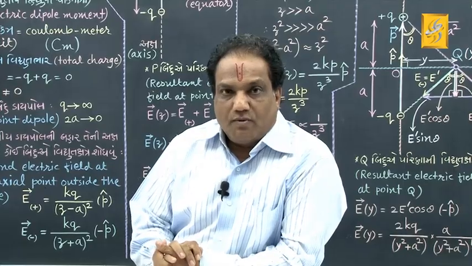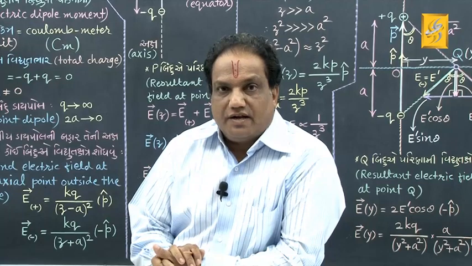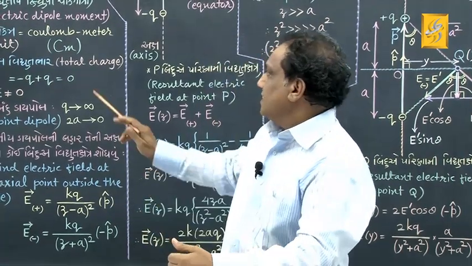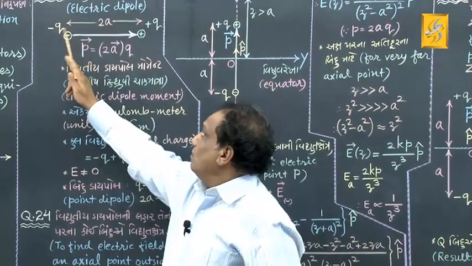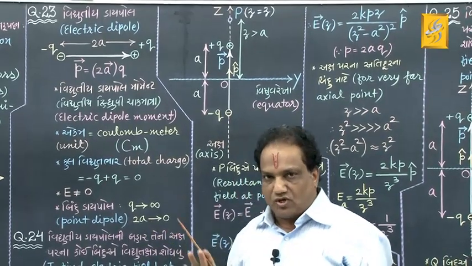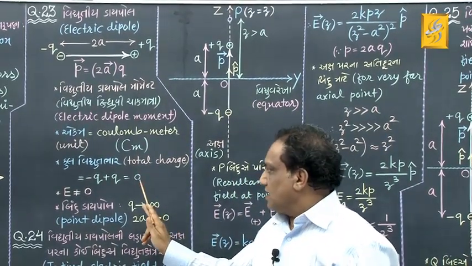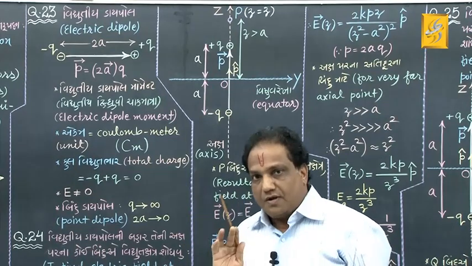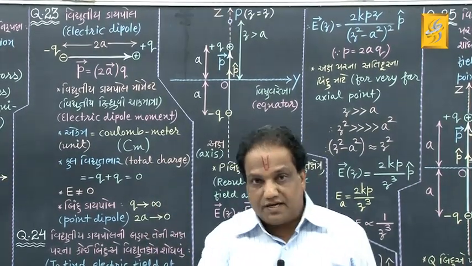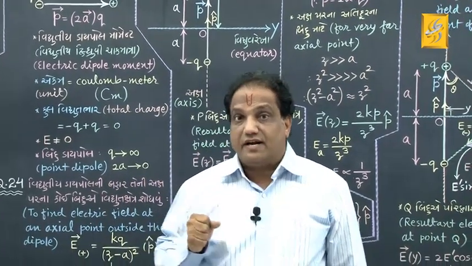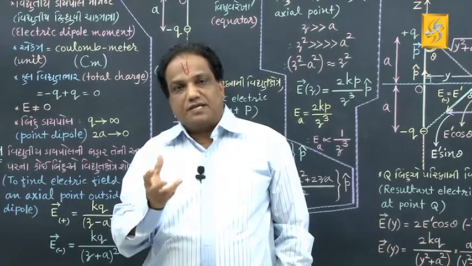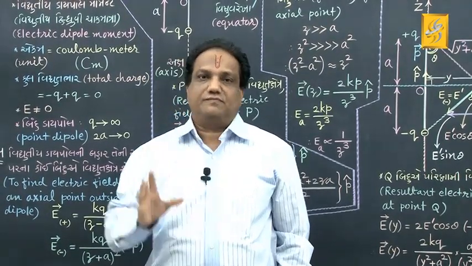What about the total charge of an electric dipole? Total charge is 0 because it is minus q plus q. When you make the algebraic summation of these two charges, the total comes out to be 0. Now, when total charge is 0, you may think that this dipole will not have any electric field, but it has electric field.